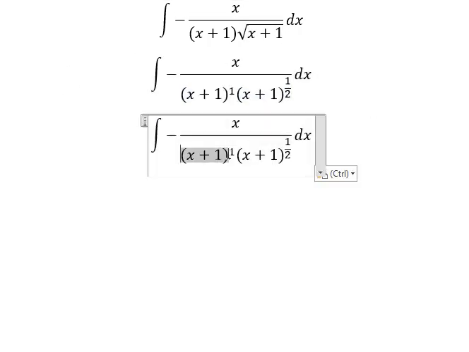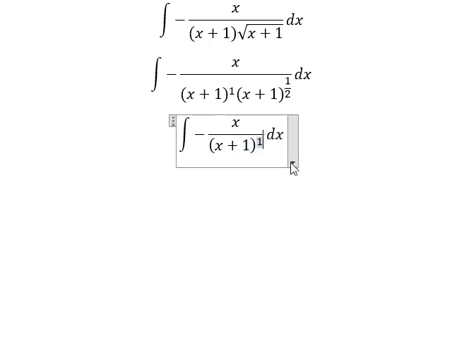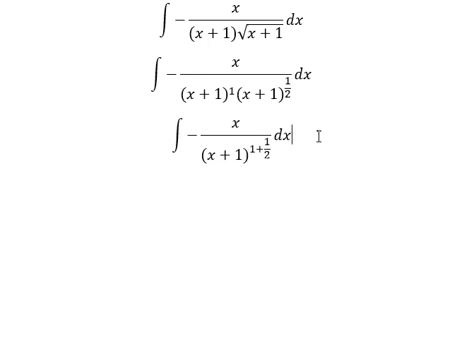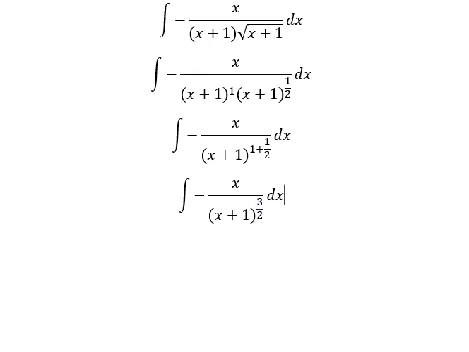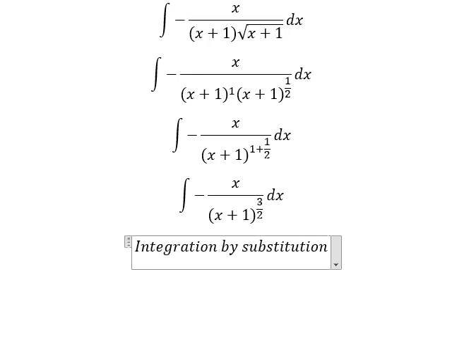When we combine this one and this one, we have 1 plus 1 over 2, so this is 3 over 2. We can use integration by substitution.